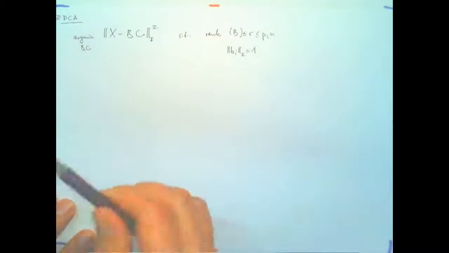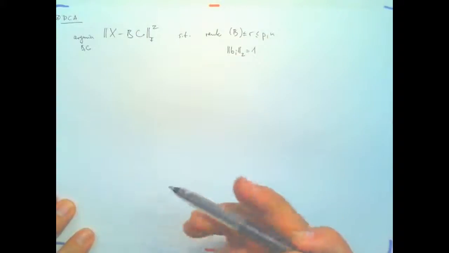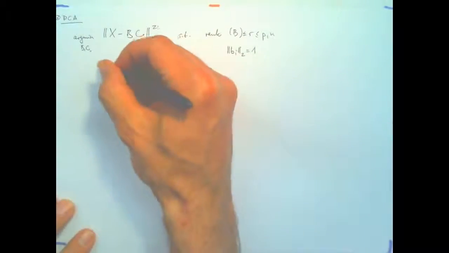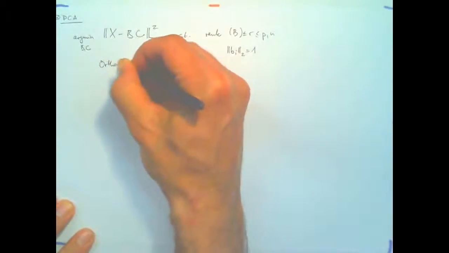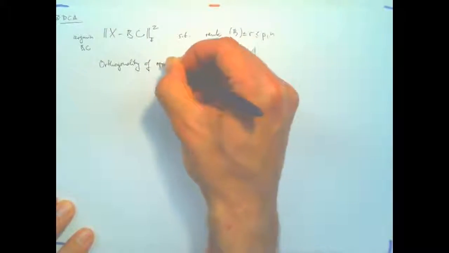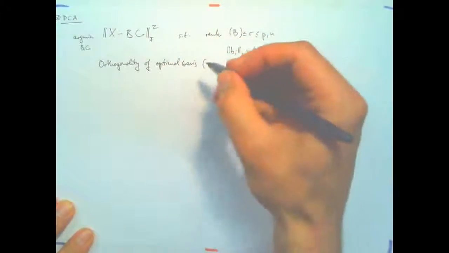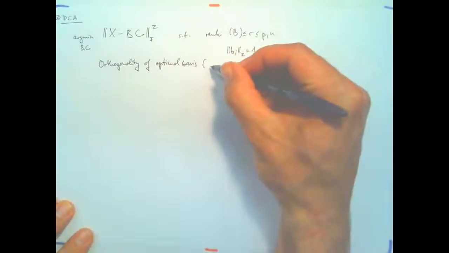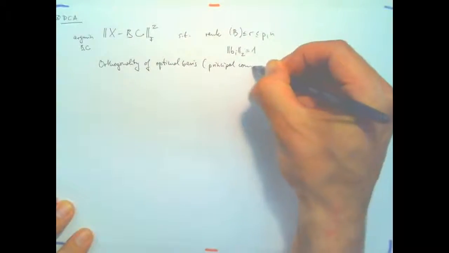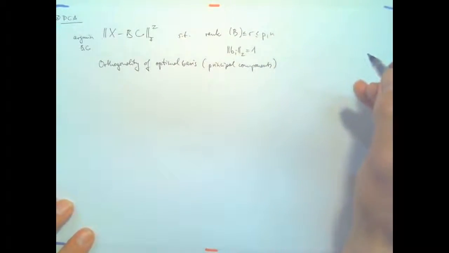And these constraints only, without any additional input of mine. If I now solve this problem, I get out the orthogonal bases and all that. So the orthogonality of the optimal basis, which we've also known as the principal components, these small b's are the columns.